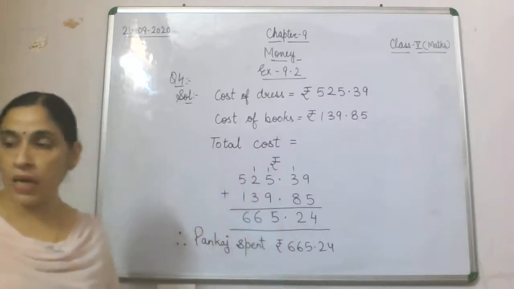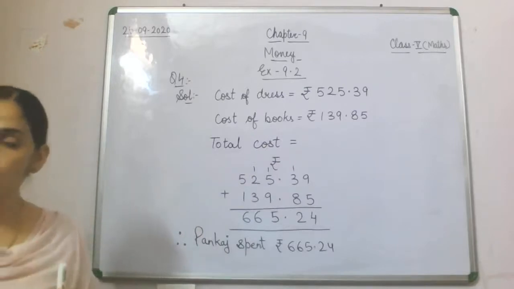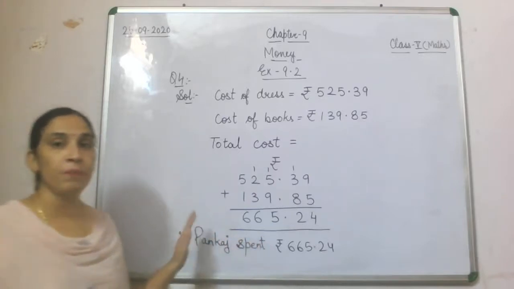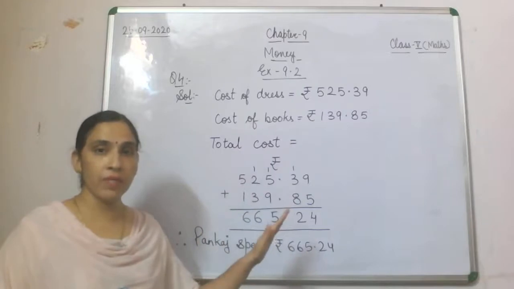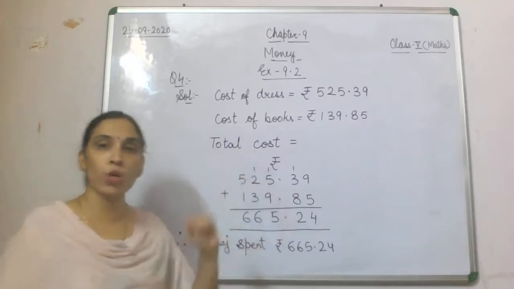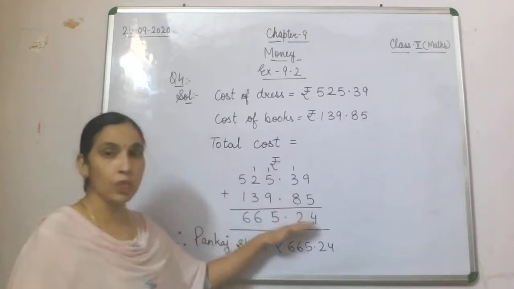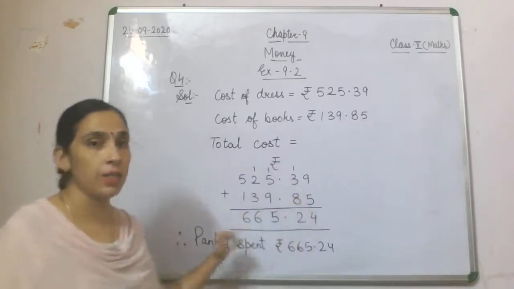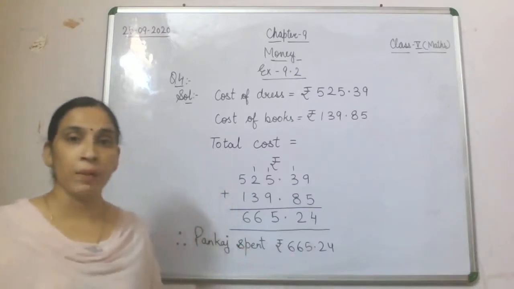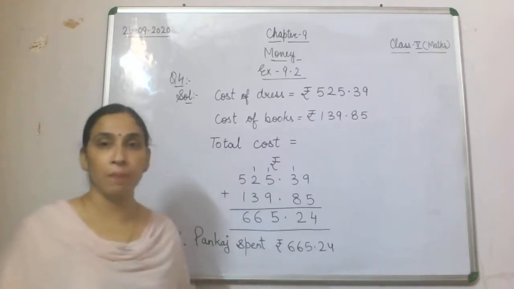As I said just now, if a child goes to the market and buys some things, similarly in this question we have written cost of dress, cost of books. Total cost means the total cost of these two things which we are supposed to find out. Then we arranged it into columns and did the addition. Therefore Pankaj spent rupees 665 and 24 paisa. This is the total money spent by Pankaj.